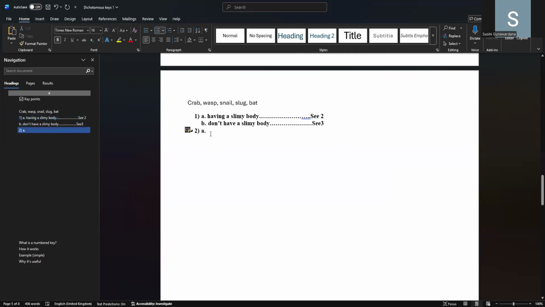So I'm taking having a shell, that is snail, and the B will be don't have a shell. That is what? That is slug.